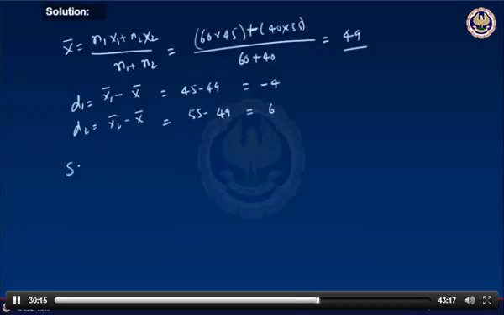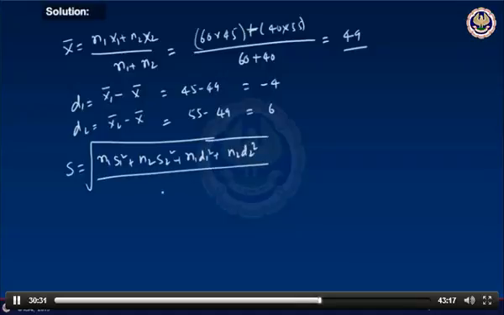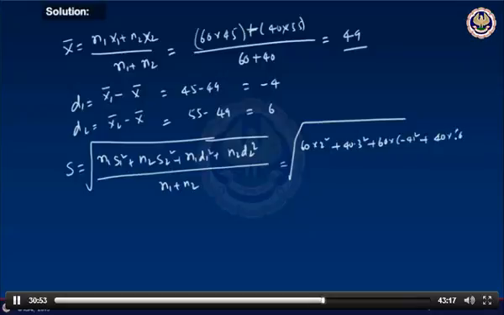Now let us look at the combined standard deviation. It is the square root of n1 s1 square plus n2 s2 square plus n1 d1 square plus n2 d2 square, whole divided by n1 plus n2, which is equal to the square root of 60 into 2 square plus 40 into 3 square plus 60 into minus 4 whole square plus 40 into 6 square, whole divided by 60 plus 40.